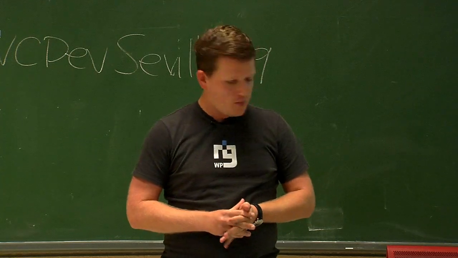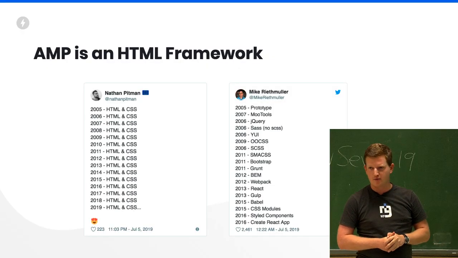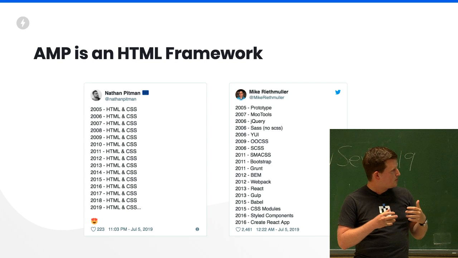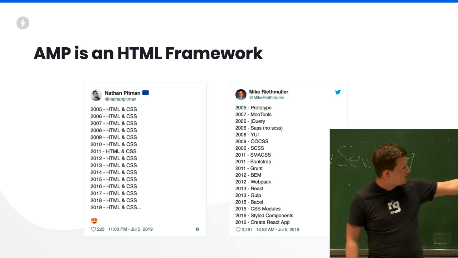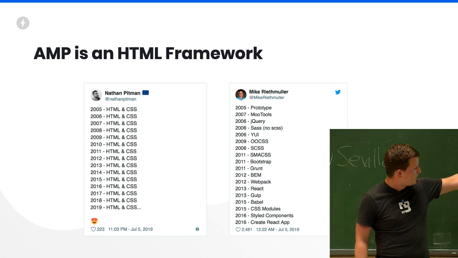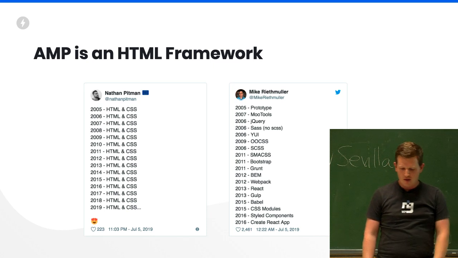So because of that, AMP is mostly an HTML framework. AMP heavily restricts custom JavaScript, and instead, with HTML and CSS, it relies on the ever-present foundational technologies of the web. When you look at these two tweets here, on the left the web has always consisted of HTML and CSS, while on the right, you see the JavaScript ecosystem.